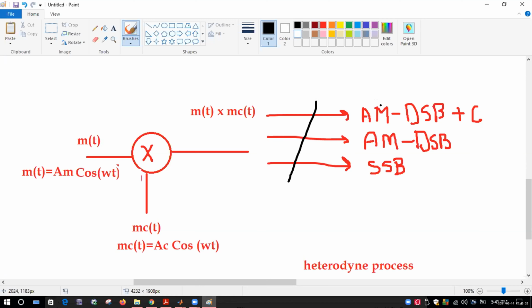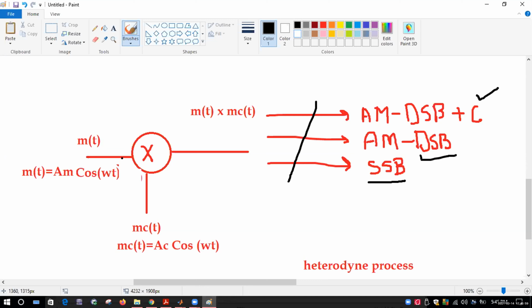Either we get two sidebands, meaning an addition and subtraction of the carrier at the output, plus the carrier itself. Or some modulators just mix the carrier with the amplitude to generate just double sidebands without any carrier. In other modulator types, we only get the single sideband and we remove the carrier and the other sideband.